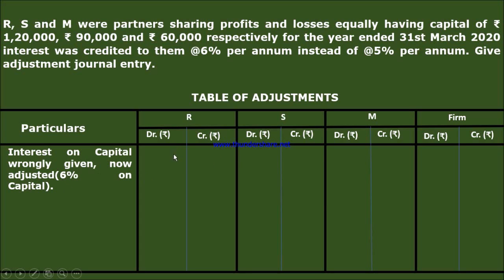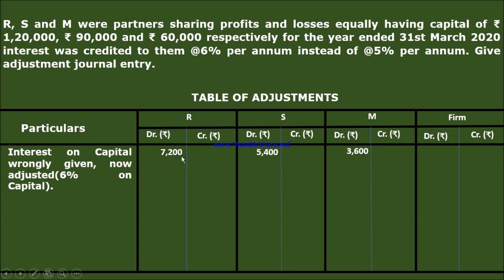To rectify, we have to write on the debit side 6% of 1,20,000, which will come 7,200. For S it will come 6% of 90,000, 5,400. For M it will come 3,600, that is 6% of 60,000.